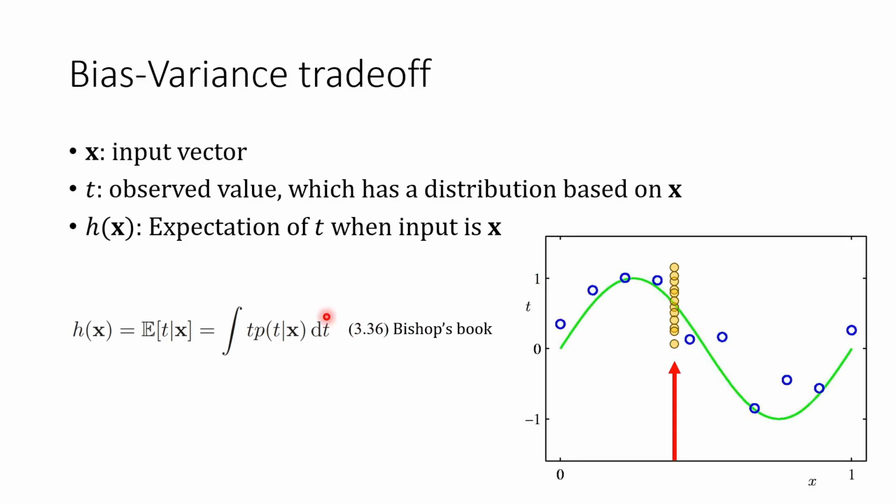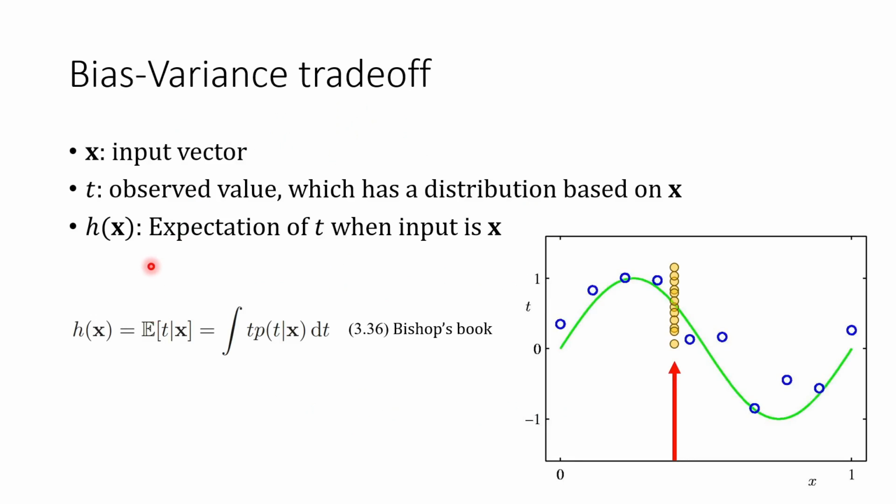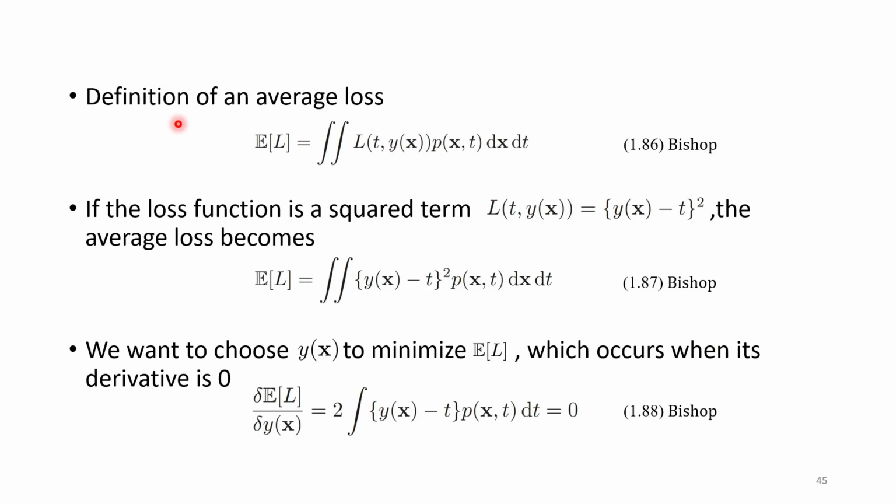What I want to explain is the bias-variance trade-off. You will see this term in our textbook, and there are some mathematical equations here. First of all, if we define the expectation of the variable t, which is a noisy observation, then we can define the average loss.